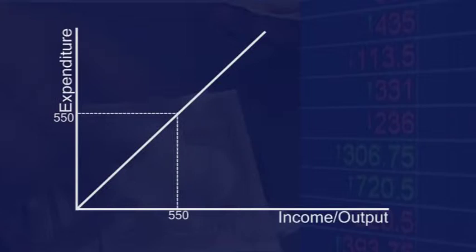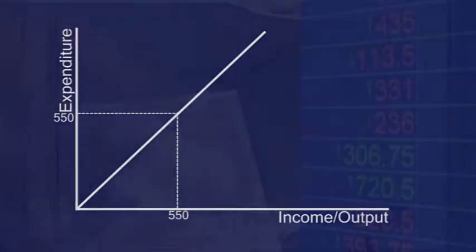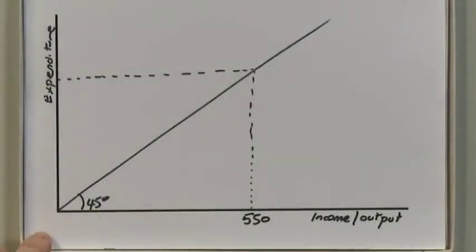We saw that. Well, somebody bought this output. So national expenditure must also be 550. If national income is only 200 billions, then national expenditure is only 200 billions. The 45-degree line simply shows us the national income identity that what is output and income must also be equal to expenditure.